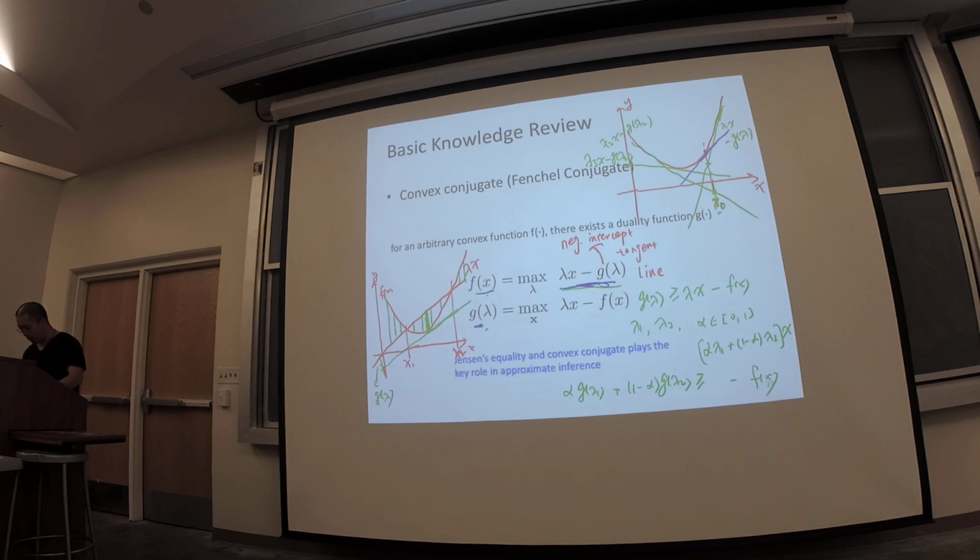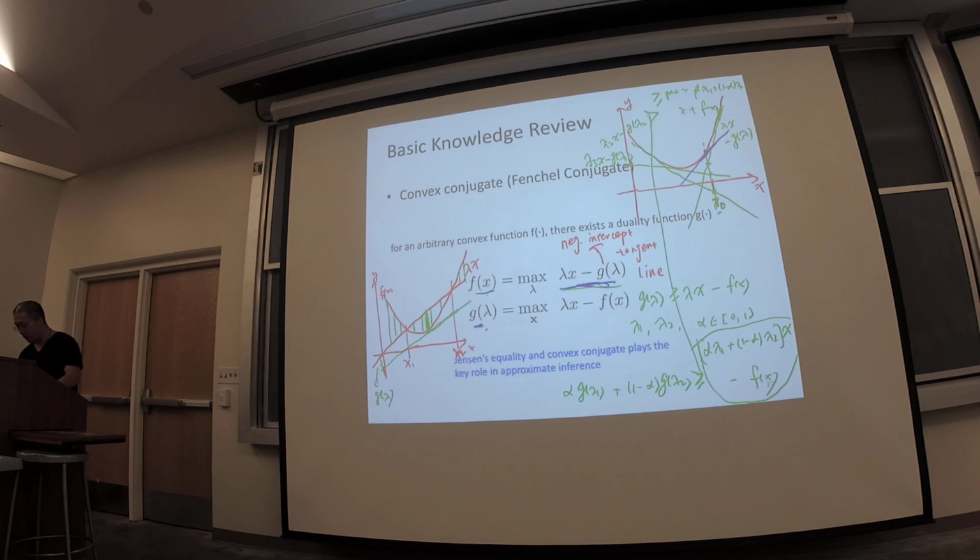And this means, because this inequality always holds for arbitrary x, the left hand side is bigger than or equal to the supremum of the right hand side, which is alpha lambda 1 plus 1 minus alpha lambda 2 times x minus fx. Because that inequality always holds, if we take the maximum of the right hand side, the inequality still holds.